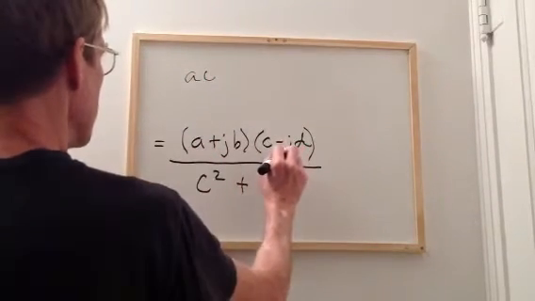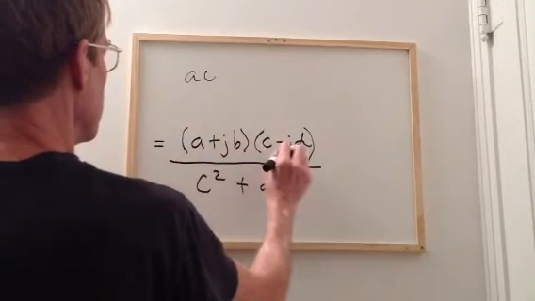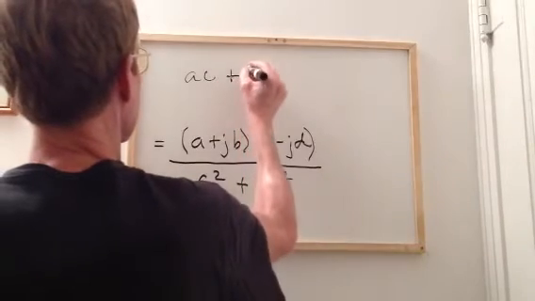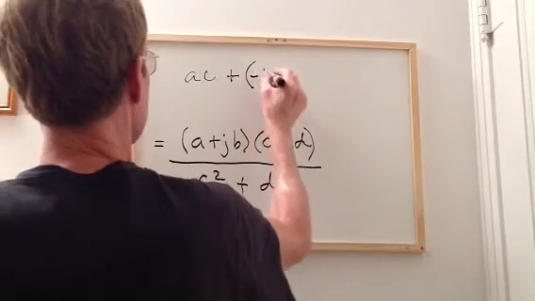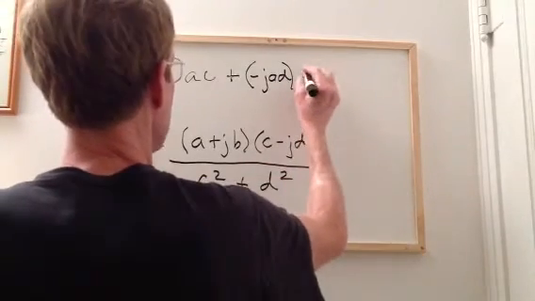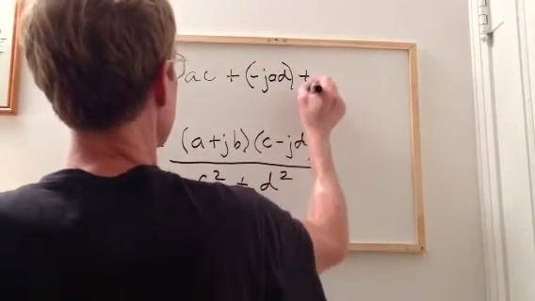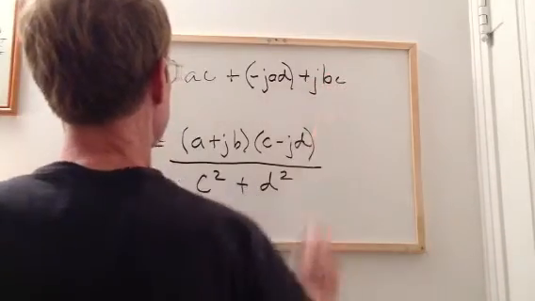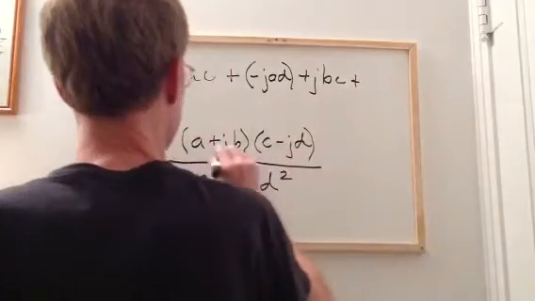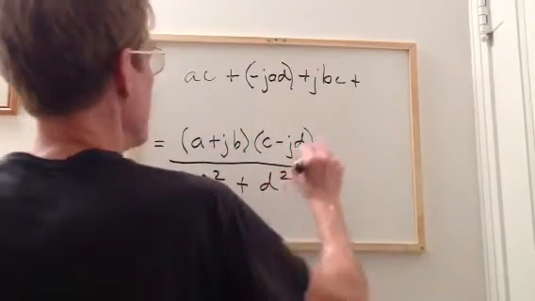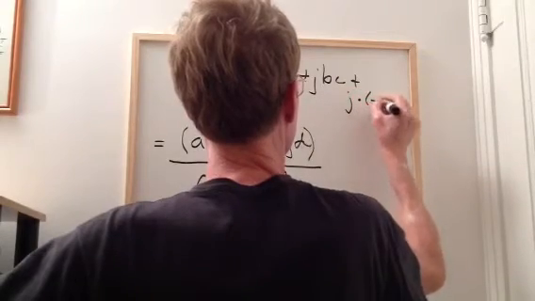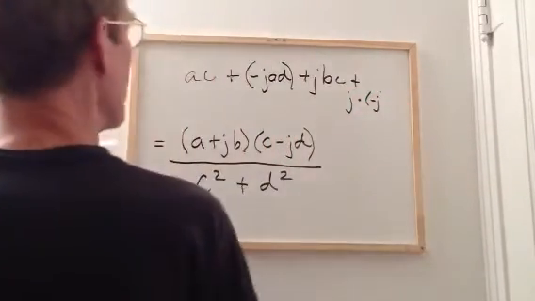Got to be very careful with the signs here, plus a minus JAD plus JBC plus J times minus J. Well, I'm running out of room.